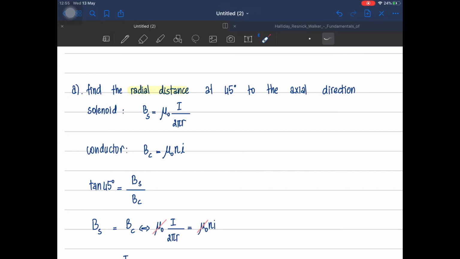In the formula we are finding the radial distance. But why are we using this formula? Because the only formula that has a relation with the radius is the magnetic field, so we pick this.